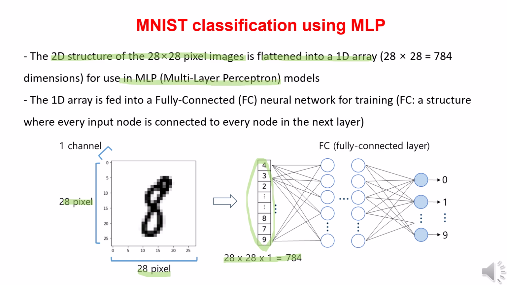The MLP we're using here has a fully connected structure, meaning every input node is connected to every node in the next layer. As you can see in the diagram below, the 2D image is flattened into a 1D vector, which is then fed into the MLP, and the model outputs a label from 0 to 9.